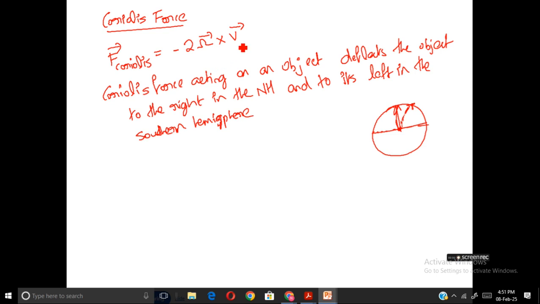Now, this doesn't come into play when we are considering motions that are happening at short scales. Suppose I'm throwing a stone, or when we are playing cricket, during that time we are not able to see this deflection because the scale of motion is very small.